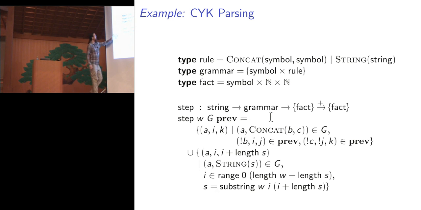There are two parts to our function, this part and that part. Each part corresponds directly to one of the inference rules I gave before. Each one is just saying, let's look through all the facts we've derived so far and see whether they match the premises of one of these rules. If so, generate the conclusion. And that's it. Very simple transcription of the natural inference rule-based algorithm.